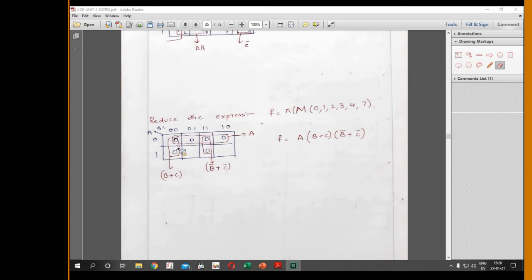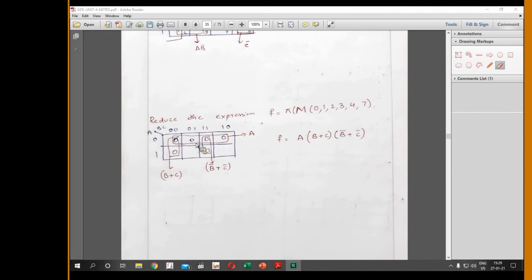We are just checking the binary cell adjacency, and based on that binary cell adjacency we are forming the 4 binary cell adjacency or 4 square adjacency, which is defined as a quad. A quad is nothing but 4 max terms adjacent to each other, hence it is forming a quad.